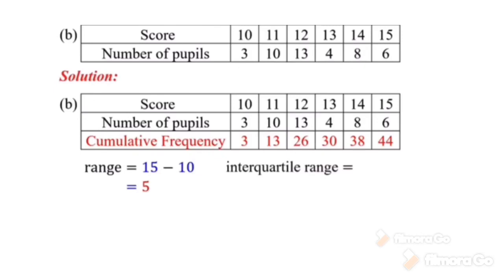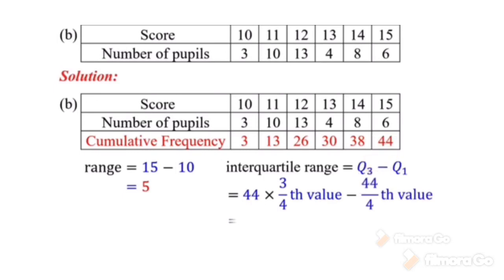The interquartile range is given by Q3 minus Q1. To find Q3, we take 3 over 4 of the total: 44 times 3 over 4, minus 1 over 4 times 44, or you can write 44 over 4. After you simplify, the 33rd value minus the 11th value. The 33rd value lies between 31 and 38, which has score 14.